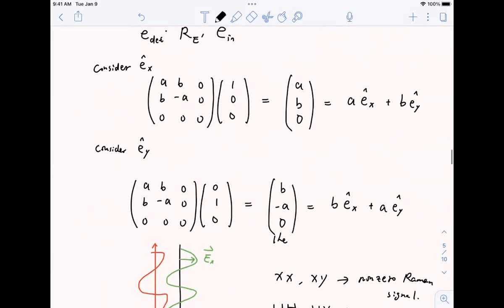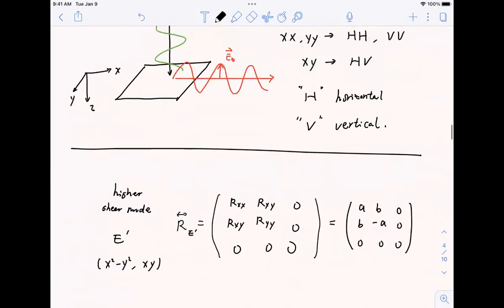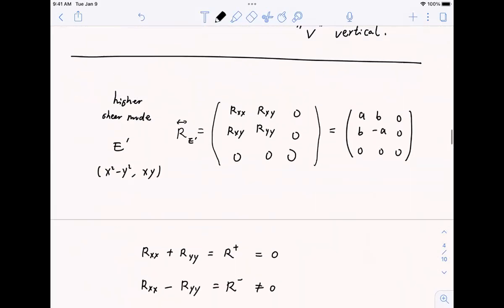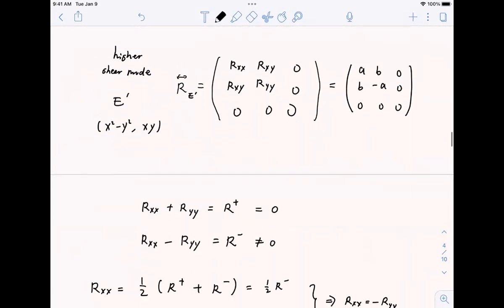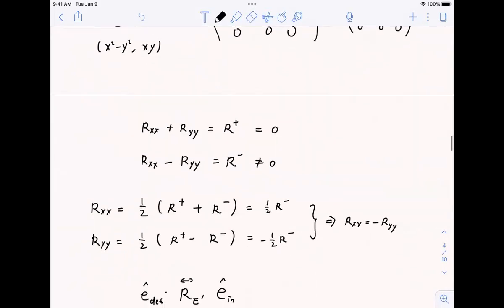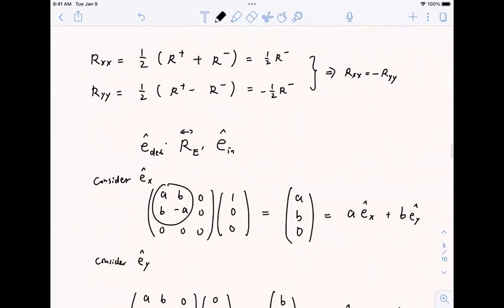Let me just quickly show you. For this one, you have this representation here. Then when you use this, you get a form like this.